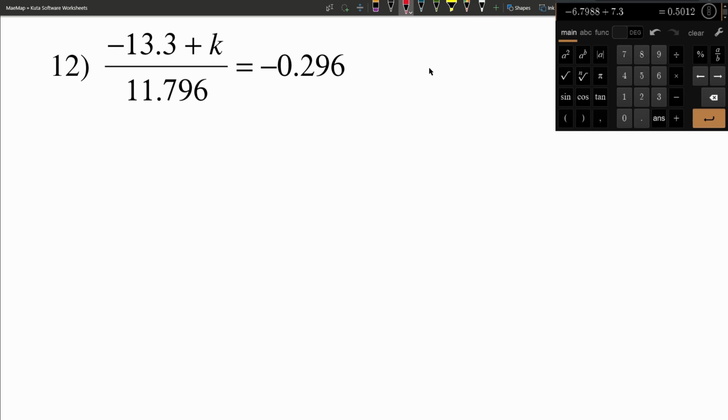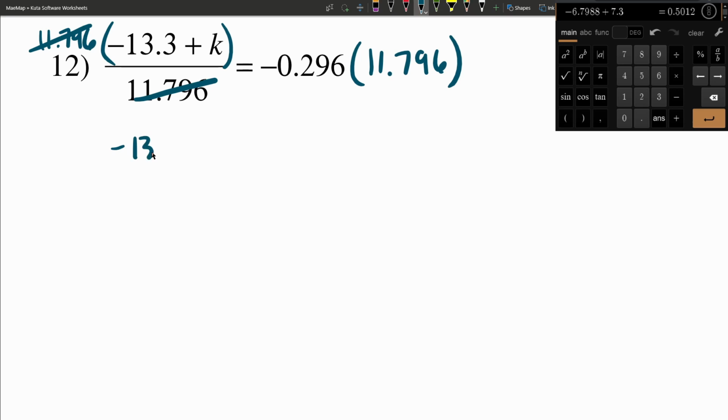For number 12, again, we're going to start out by multiplying, and what we're going to multiply by this time is 11.796. That's going to leave us with negative 13.3 plus k, and doing that on our calculator, a negative times a positive is going to be a negative, and that's going to be a negative 3.491616.